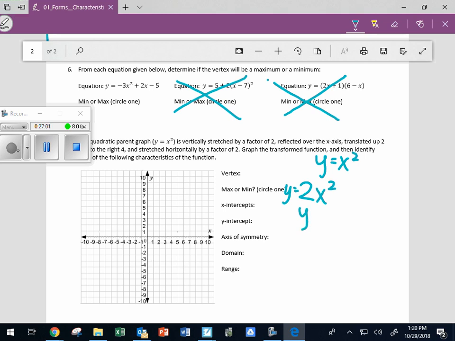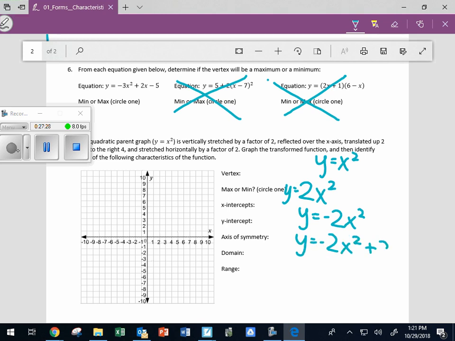So now we have negative 2x squared. All right. The next thing we have to do is translate it up 2, right? If we're translating it up 2, does that mean that we have to change what's with the x or what's outside of the x? Outside the x? All right, and then is it going to be a plus or a minus? Plus. So we have y equals negative 2x squared plus 2.